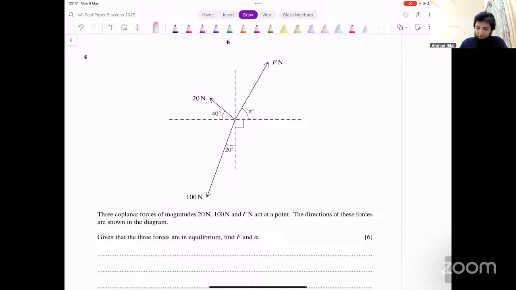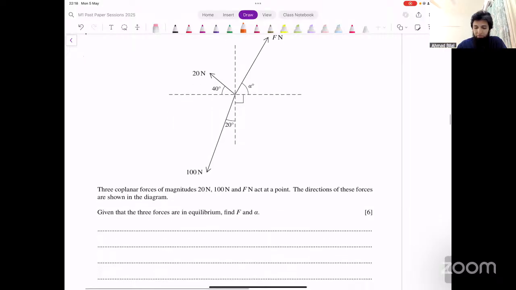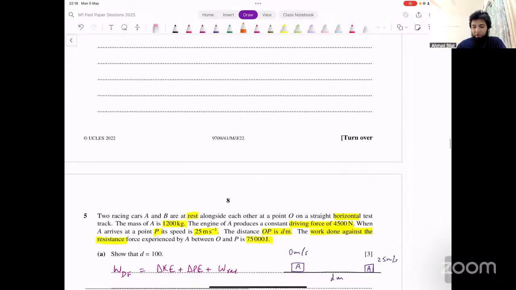For example, in this case, there is nothing that is not shown on the diagram except that the forces are in equilibrium. So you would just highlight that part. Everything else is on the diagram, and that will make sure that you won't have to read the question statement again and again when you're solving it, because you would have everything highlighted like that.